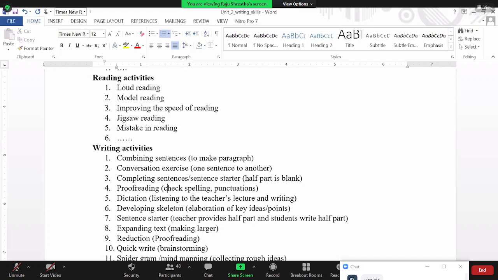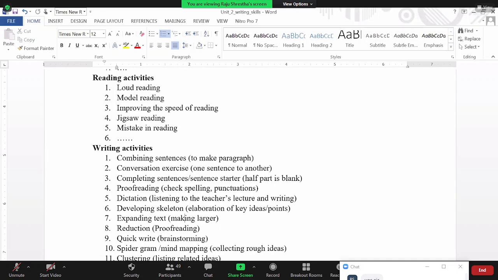Then proofreading type of activity also we can do, like check spelling, punctuations, capital letter, full stop, comma, question mark. These punctuations we check. Dictation we can do. Teacher speaks, gives a lecture, and students have to write according to the lecture given by the teacher. And developing skeleton, elaboration of key points or ideas given there. And sentence starter, just we wrote. Expanding text can be done.